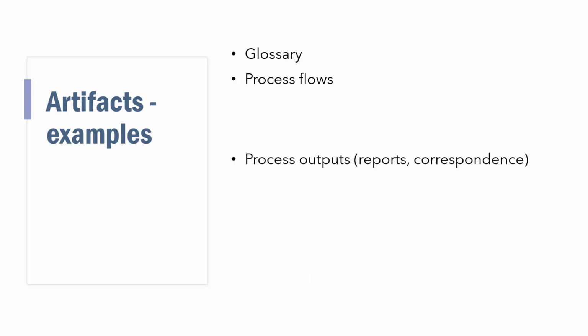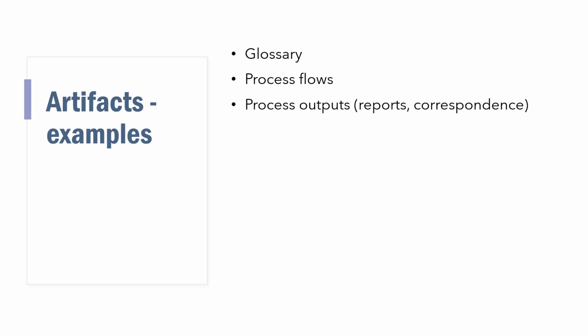Here are some examples of the artifacts you may want to analyze. Glossaries of terms. This is where your terminology and business words will come in. Process flows that may have been captured by other business analysts during a previous project, for example. Process outputs. Say you're investigating an existing process, for example, order fulfillment.